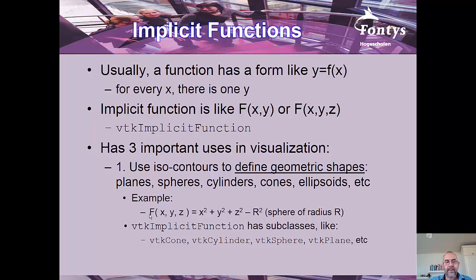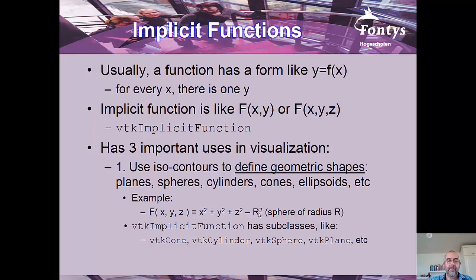Well, we can say all the points where f(x, y, z) is 0, they are on a sphere, because if f(x, y, z) is 0, that means that x squared plus y squared plus z squared minus r squared is 0, and it's the same as x squared plus y squared plus z squared is r squared.